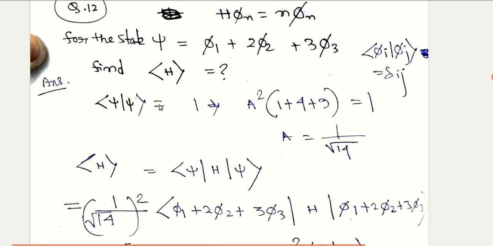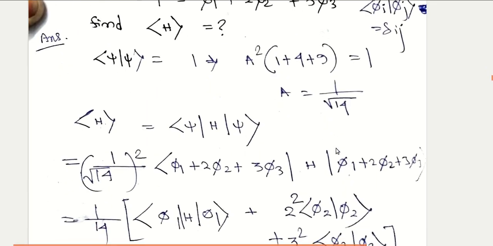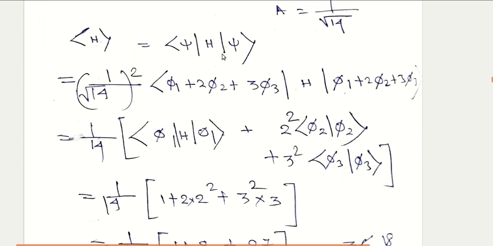If you make the norm of psi equal to 1, then the normalization constant will become 1 by root over 14. Now we need to find the expectation value of H, which is psi H psi, and from this psi and this psi, the 1 by root 14 will come twice. So this is 1 by root 14 square, and then I just wrote the value of psi: phi 1 plus 2 phi 2 plus 3 phi 3, and here also phi 1 plus 2 phi 2 plus 3 phi 3.